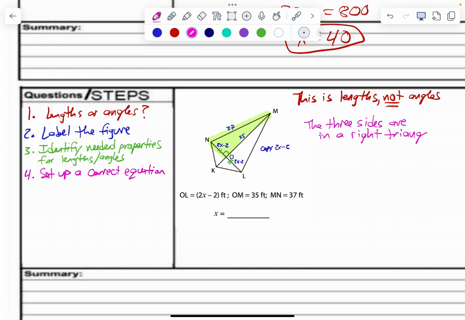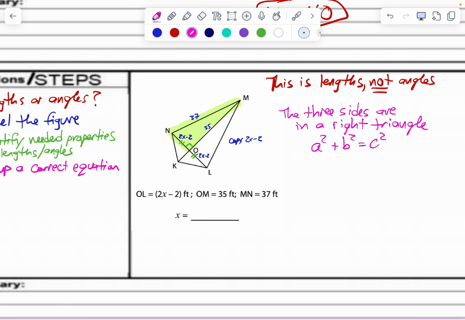So what's the relationship that we're going to use? Okay, a squared plus b squared equals c squared. That's the Pythagorean theorem. We know that in a right triangle, those are the side lengths. Which one always has to be in the right spot? The longest one, which is C.